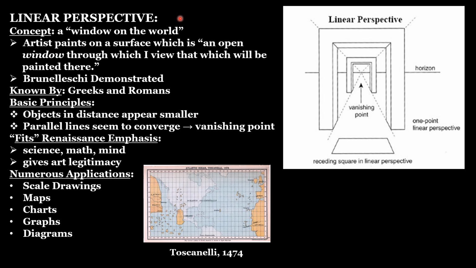So linear perspective more officially stages a comeback. We sometimes say it really is invented in the Renaissance. They certainly do come to use it very, very heavily, starting in the early 1400s until about 1860.